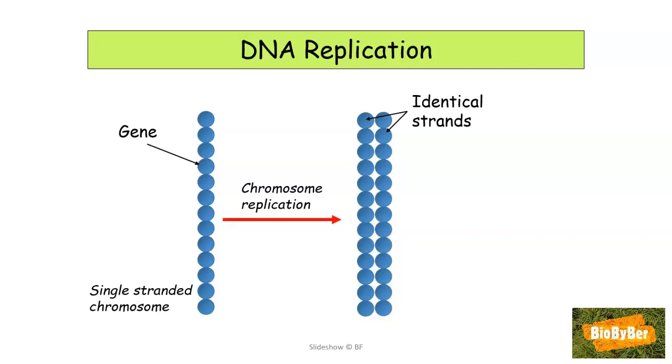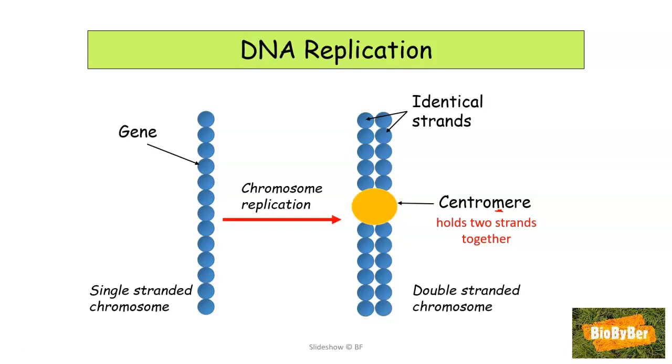These 2 strands are held together by the centromere. Held together in the middle. M for middle and M in centromere. As a result of chromosome replication, a double-stranded chromosome will be made.